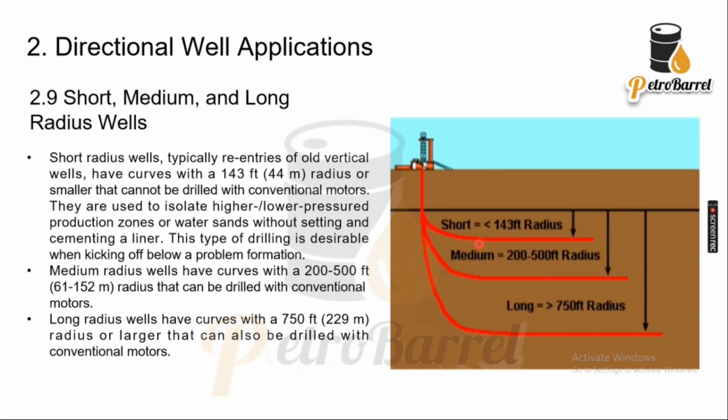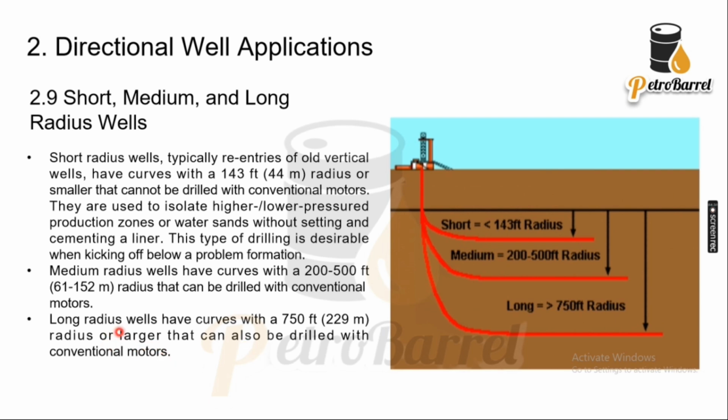So we cannot drill this well with conventional motors. But according to medium radius from 200 to 500 feet, we can use conventional motors. By the way, the meaning of motors used in directional drilling, we will discuss in more detail in the next videos, inshallah. But anyway, the benefit of this application is that you can drill a lot of directional wells, but the radius of curvature is different for each one.